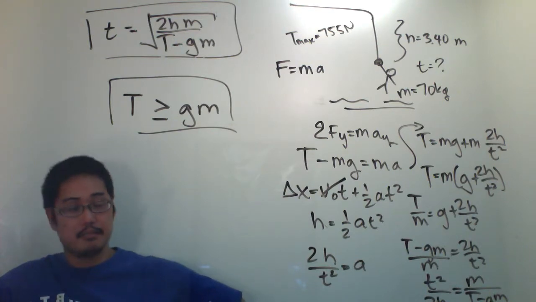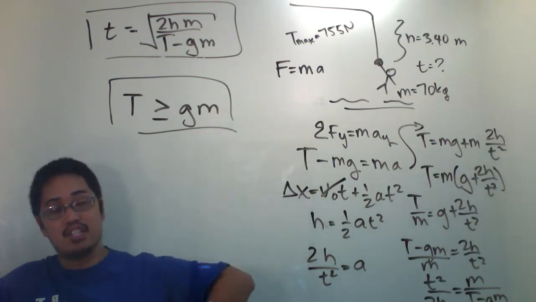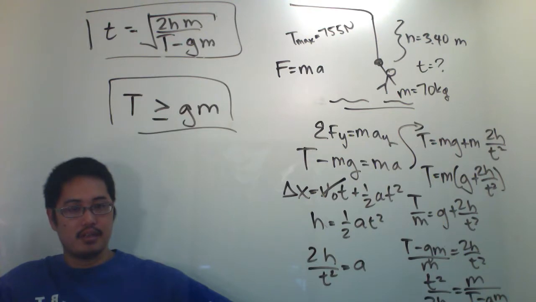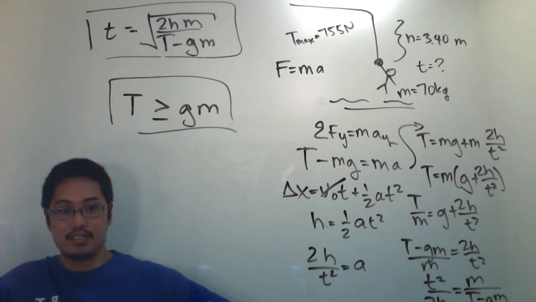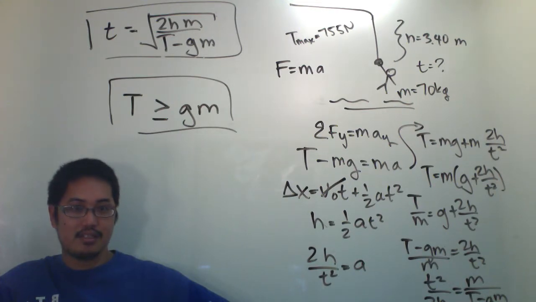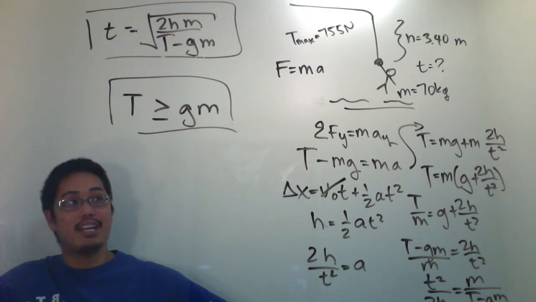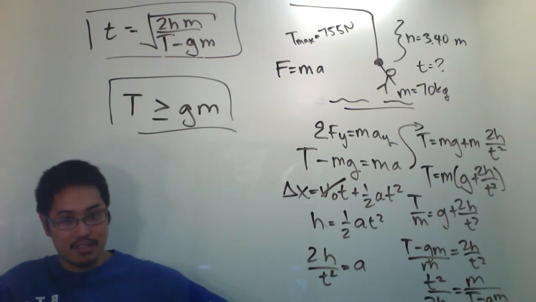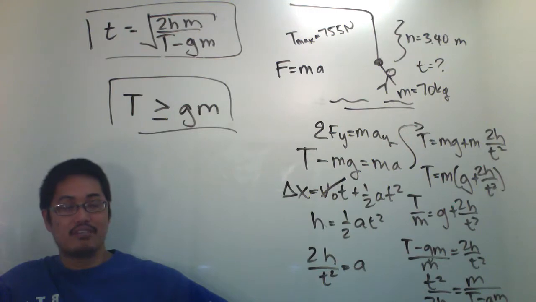What I'm saying is, if you've got a 755 Newton rope, and Indiana Jones weighs 755 Newtons, you'll never get him out of there. Right? Or, if you've got a 755 Newton rope, and Indiana Jones weighs 800 Newtons, you'll never get him out of there, because it will break before he even leaves the ground.